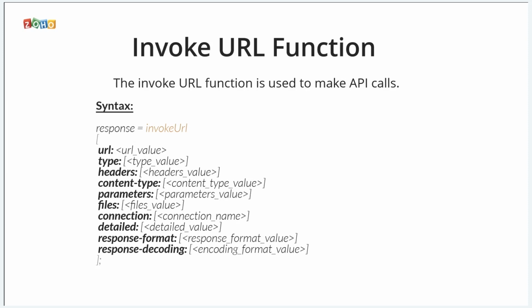So depending upon the type that you want to do, you can get, you can post it, you can delete it, or you can even update it as well, right? So inside parameters, you can give out parameters. Inside connections, you can connect it, and you can also give out a detailed value as well.